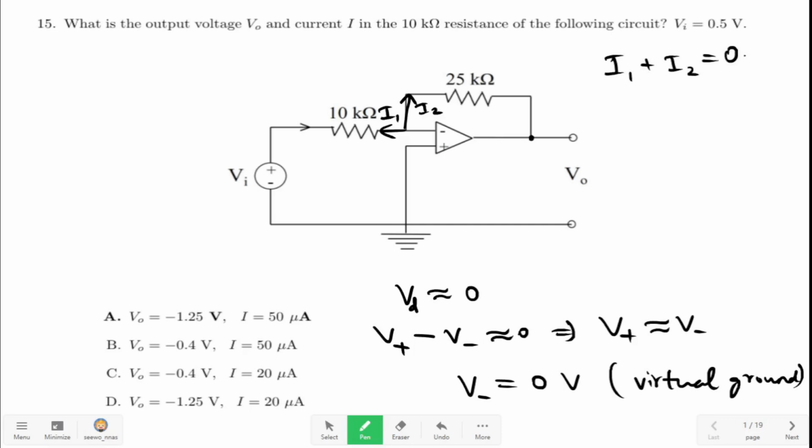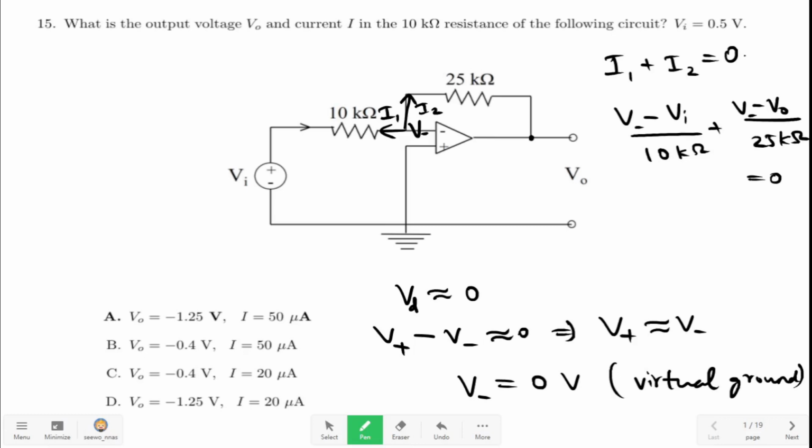Now I1 is nothing but, let us say the voltage at this point is V minus. Then we have (V minus minus Vi) divided by R, R is 10 kilo ohm, plus I2 is (V minus minus V output) divided by 25 kilo ohm. This is equal to 0.